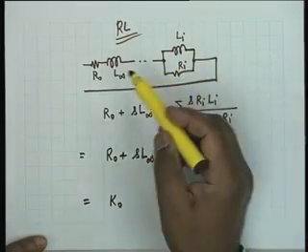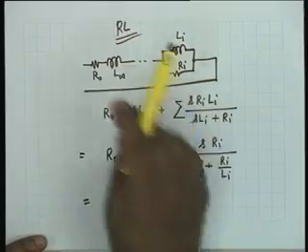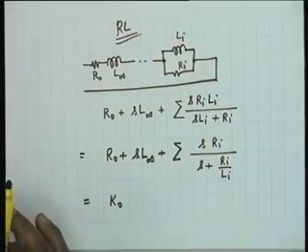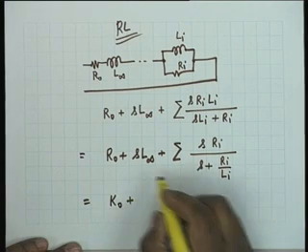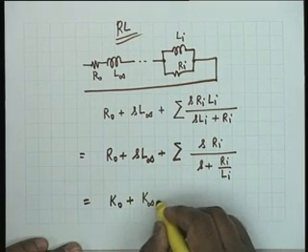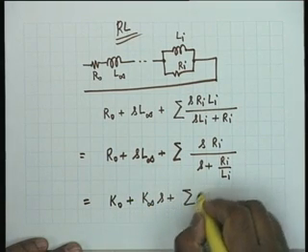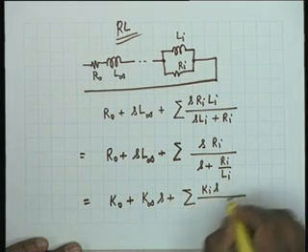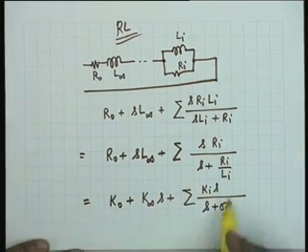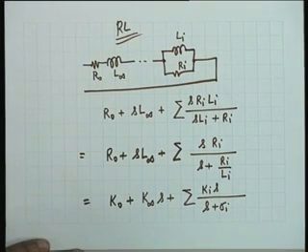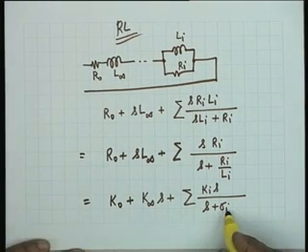So at infinity it would be S L infinity plus a finite resistance, and therefore the value would be infinity. Okay, so the form is K0 plus K infinity S plus summation Ki S divided by S plus sigma i, where all K's are real and positive, and so are sigma i's.